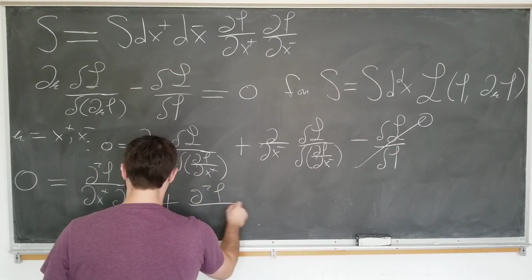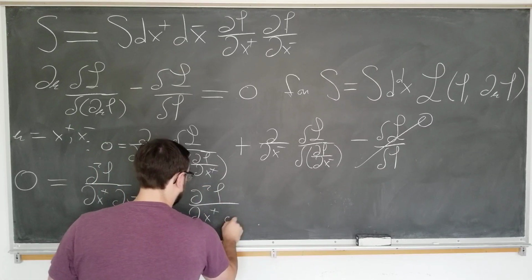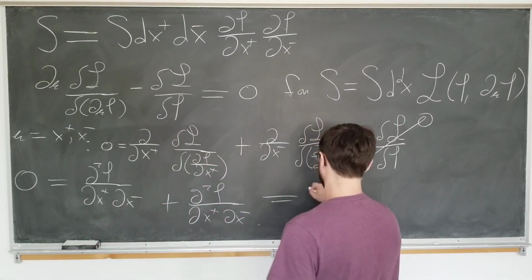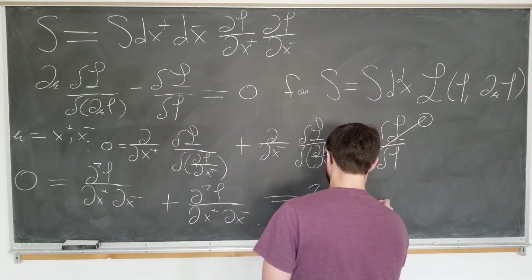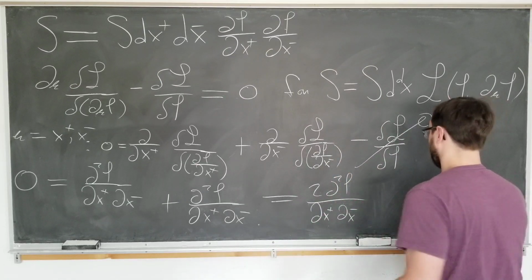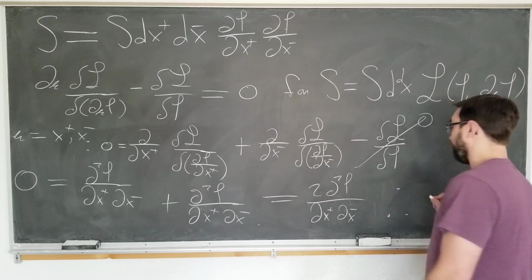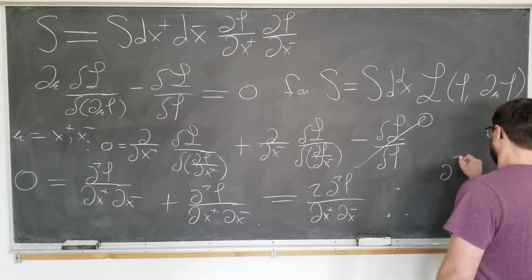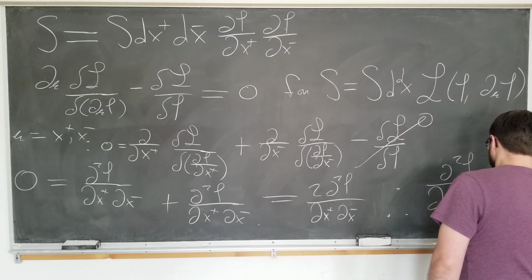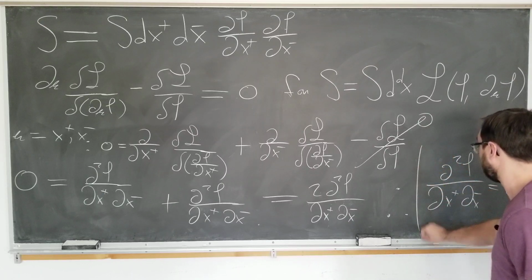Plus d squared phi by dx plus dx minus, which we can just write as 2 d squared phi by dx plus dx minus. And therefore we can conclude, upon canceling the 2's, that d squared phi by dx plus dx minus is equal to 0.